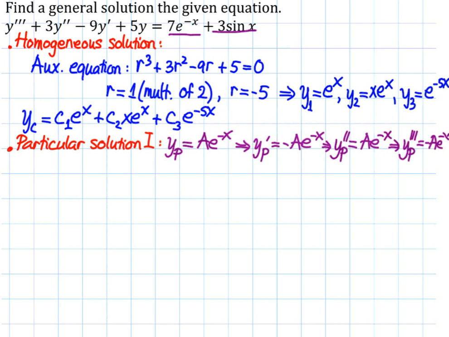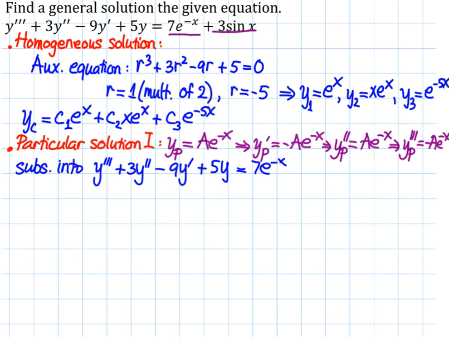Then we substitute into the equation: y triple prime plus 3y double prime minus 9y prime plus 5y equal to 7 e to the -x.